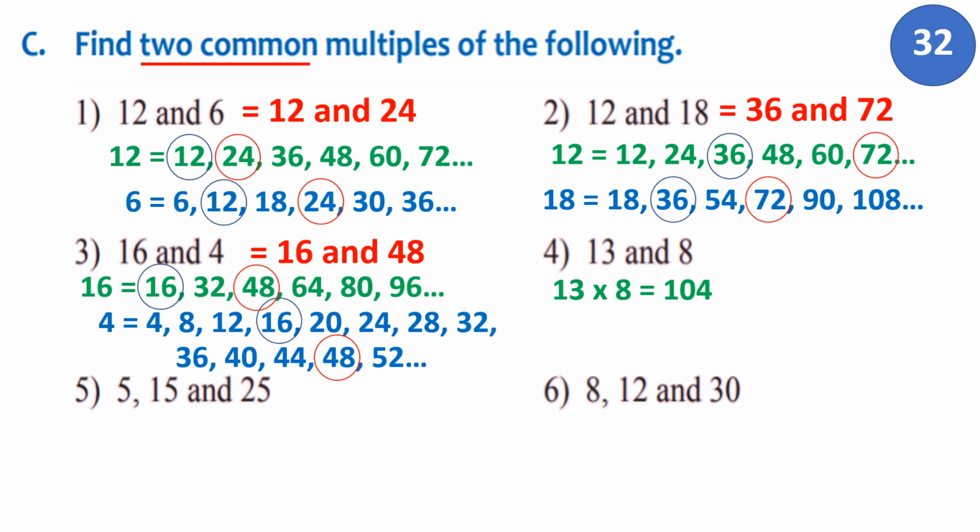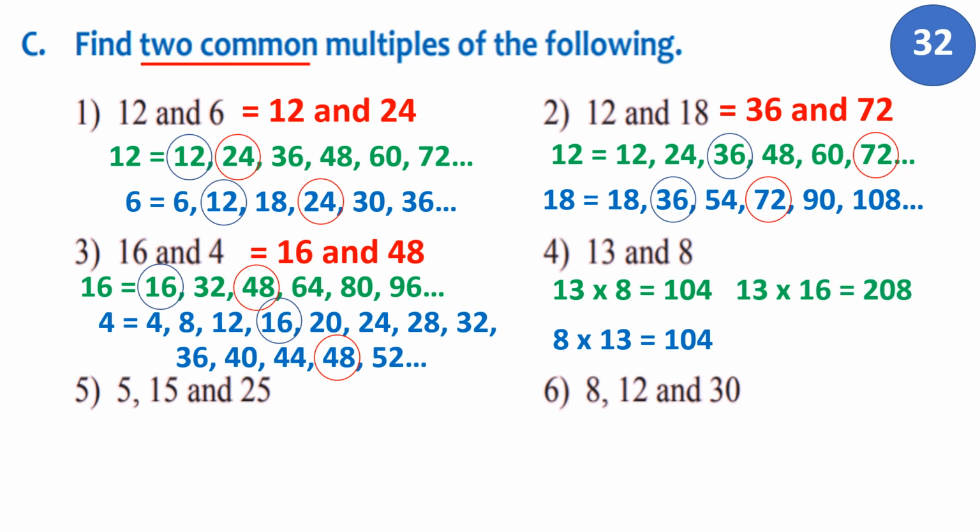Students, and then 8 times 13 is 104. They are the same. Okay, students, writing 13 times 1 is very long. 13 times 8 is 104, and 8 times 13 is 104. This is the first common multiple of 13 and 8.